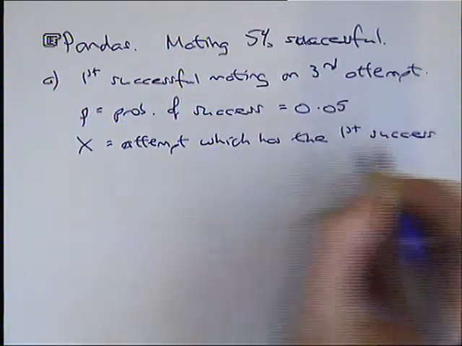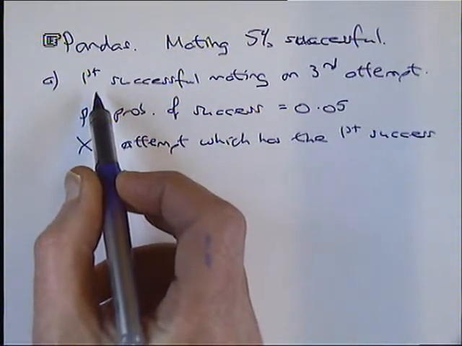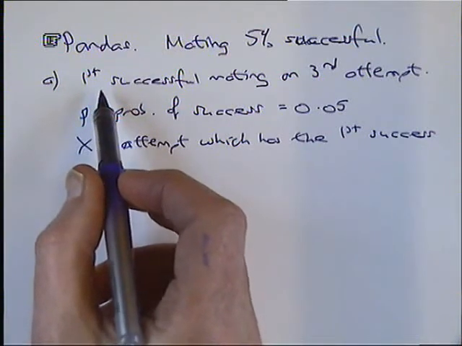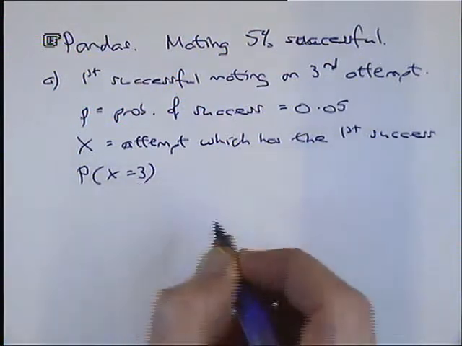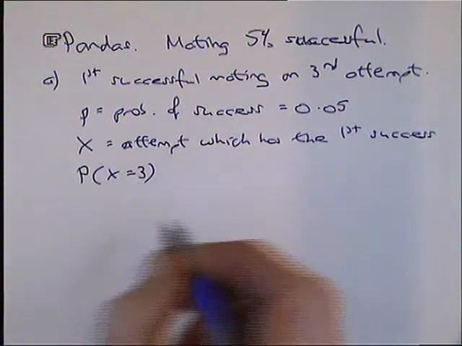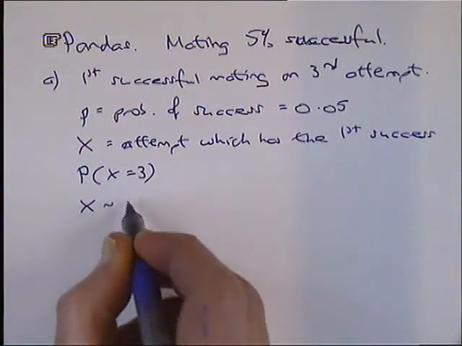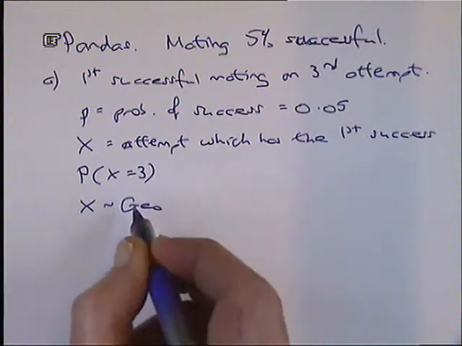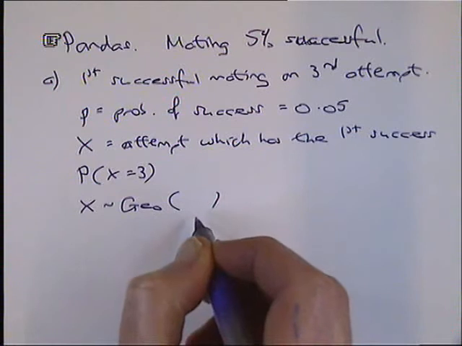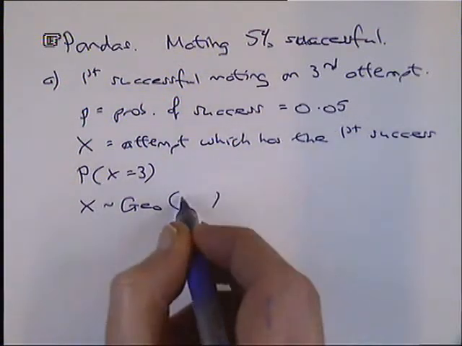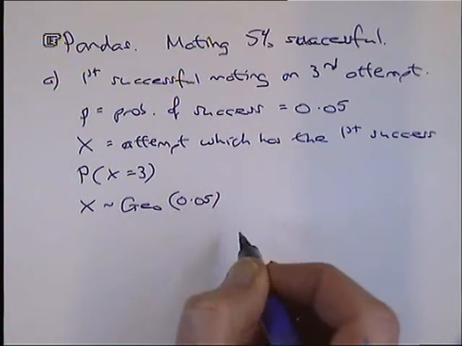So part A of the question was asking the probability that the first successful mating was on the third attempt. So there we're wanting X to be equal to 3. We said that as it follows a geometric distribution, which we write down like that, X, and that little squiggle, and then geo, in the bracket, it's only one thing that goes in here, it's the p value. So that's 0.05.